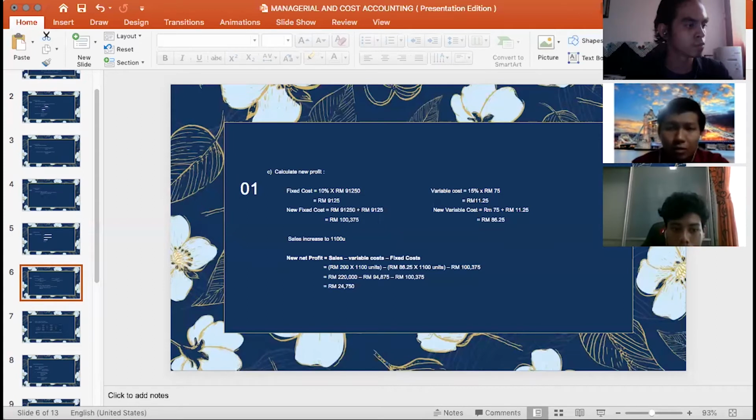And the variable cost also increased by 15% from the 75 ringgit, the amount before the additional information was added. So 15% times 75 ringgit is 11 ringgit and 25 cent. So the new variable cost is 86 ringgit and 25 cent.